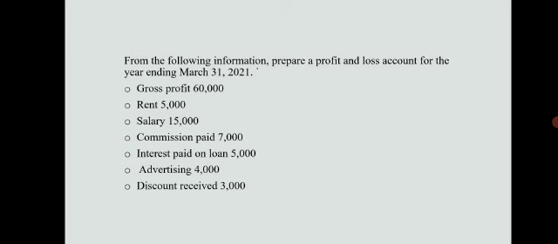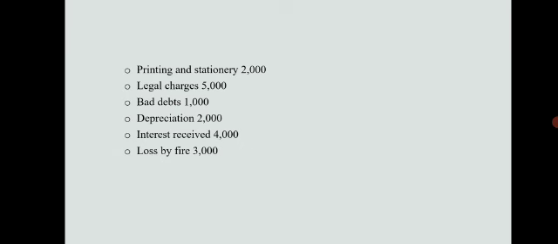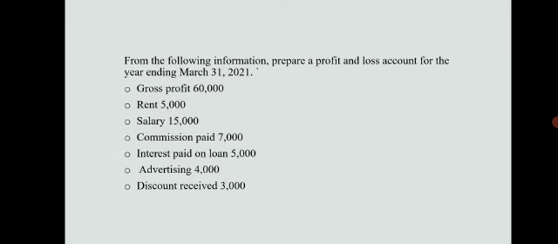So here is the problem. From the following information, prepare a profit and loss account for the year ending March 31st, 2021. And here is some of the information given on different accounts. So the gross profit is mentioned here.